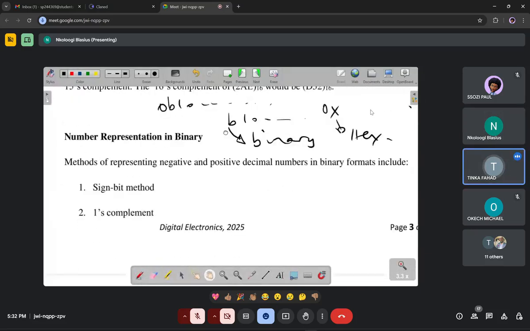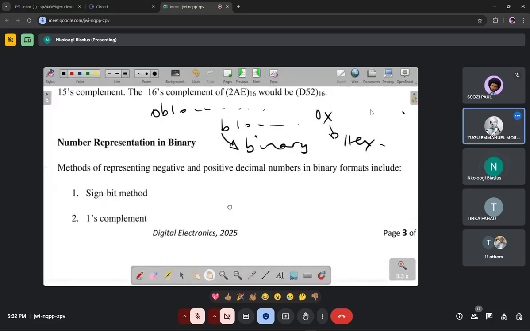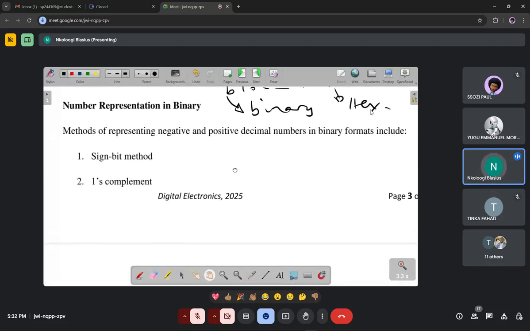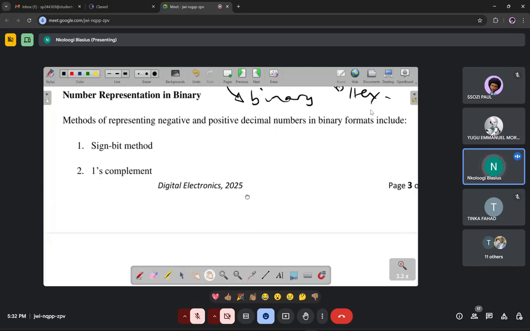Yes, sir. Okay. So this is now about number representations in binary. It is good this concept has come here.